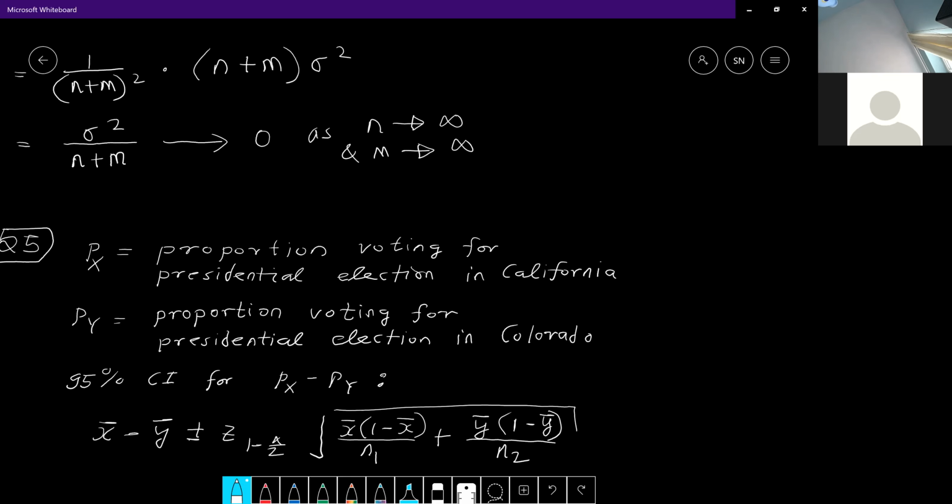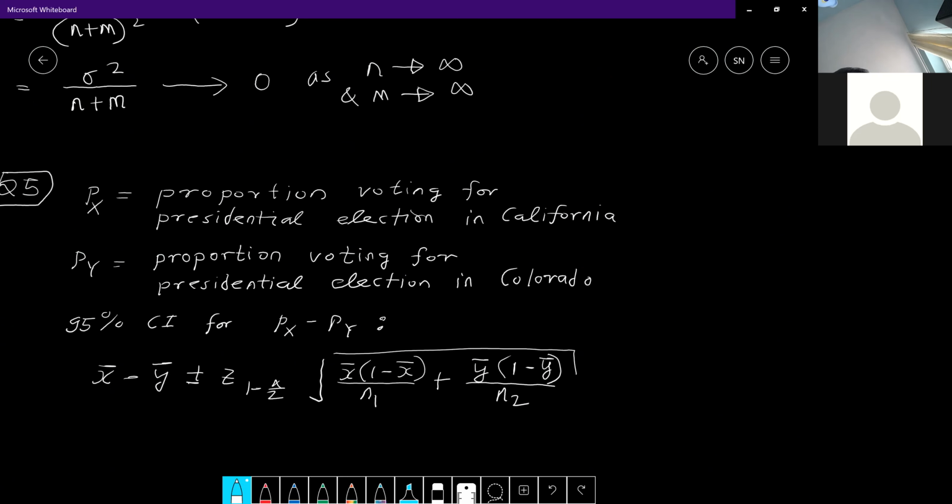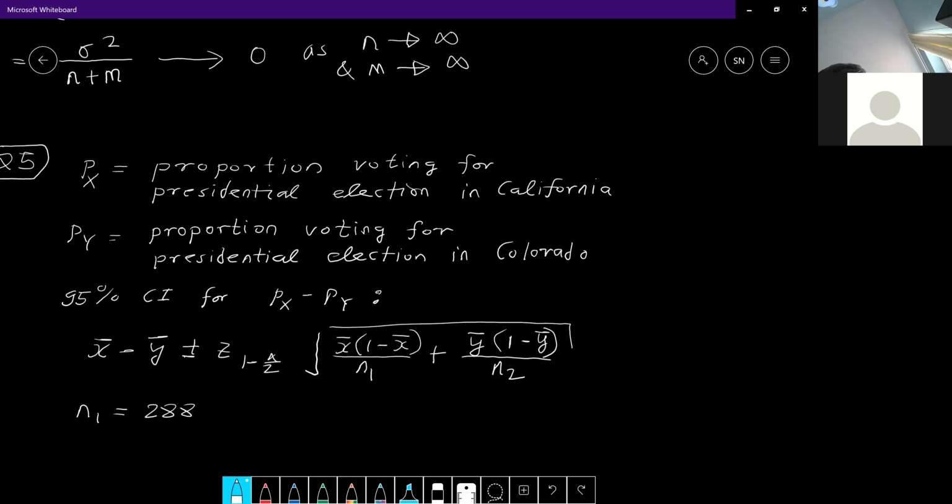It was before the Easter break, I think. Maybe I'm wrong. Here all the data is given to you. N1 is the sample size for the first one, which is 288. N2 is the sample size from the second population, which is 216.